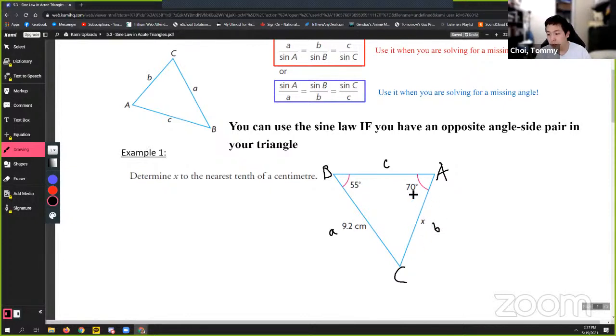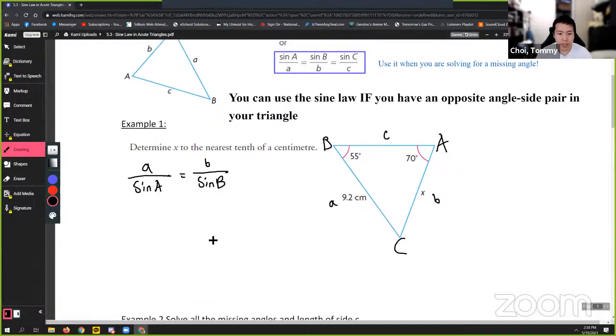So the way you use the sine law, we are looking for a missing side. So we're going to use the first form of the sine law, and you only need to use two of the fractions. You don't have to use all three, just two. So for us, since we're working with A and B, with how we labeled it, I'm going to write out a over sine A is equal to b over sine B, just like that.